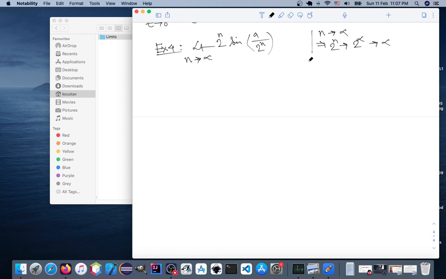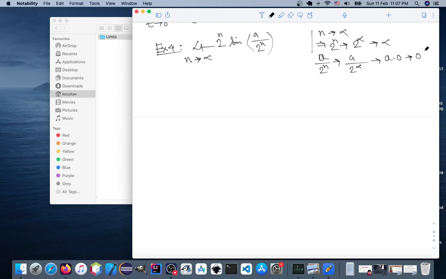tends to infinity, and so 1 by 2 to the power n, a by 2 to the power n, tends to a by 2 to the power infinity, tends to 0.